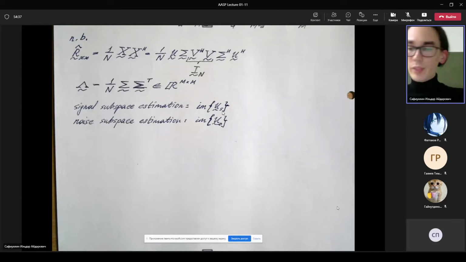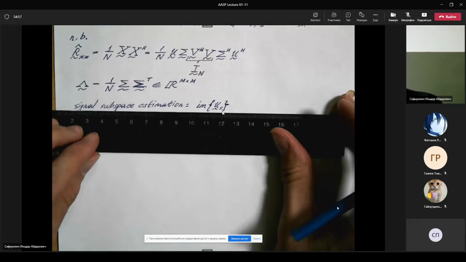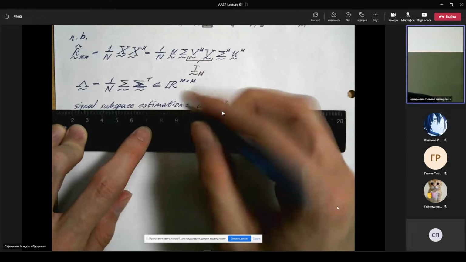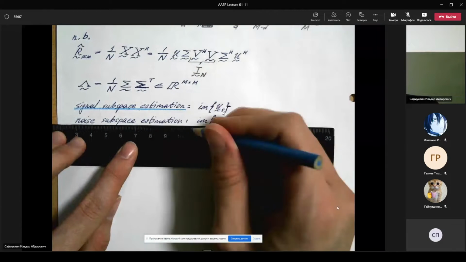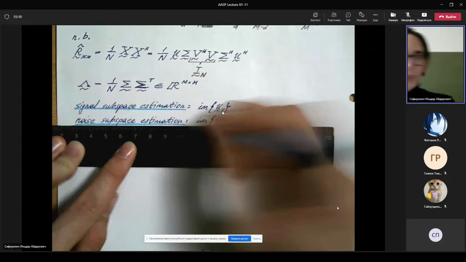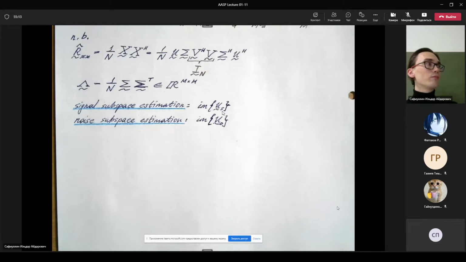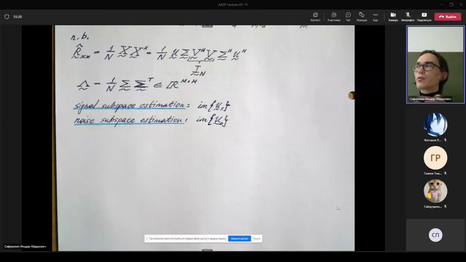Here, the main idea between this subspace estimation and the previous part, eigenvalue decomposition of Rxx, the main difference is that in the first part with this eigenvalue decomposition, we had true subspaces, so pure subspaces in this case, which means it is not the estimate.